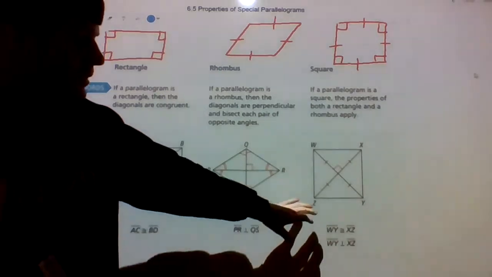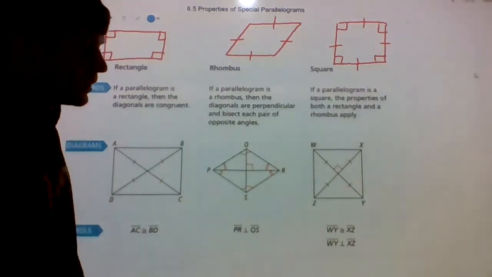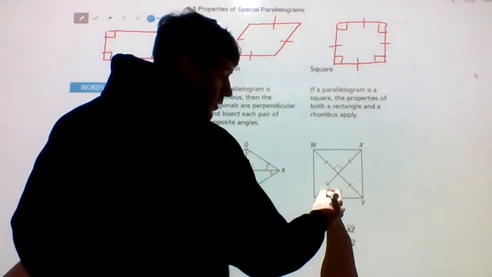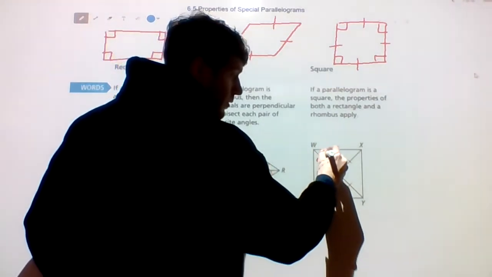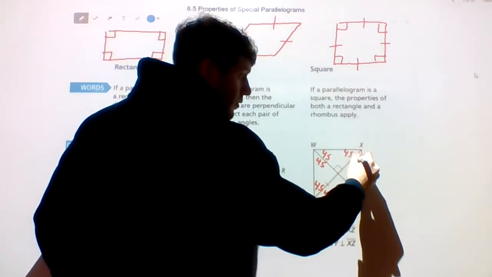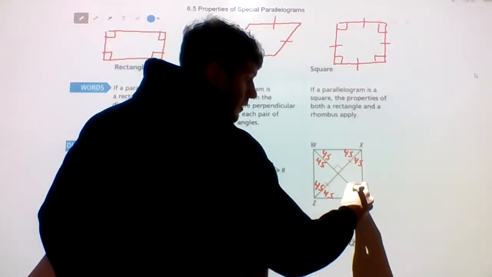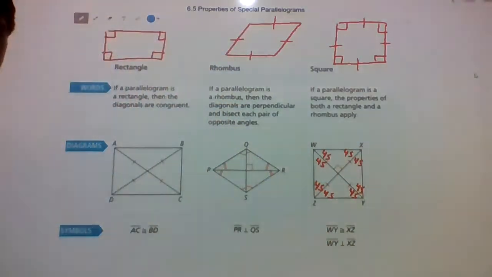Since the diagonals bisect the opposite angles, and these are right angles, all the small ones here are going to end up being 45. All of those angles there end up being 45.